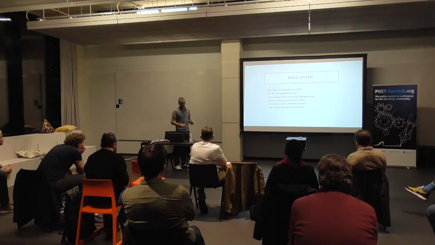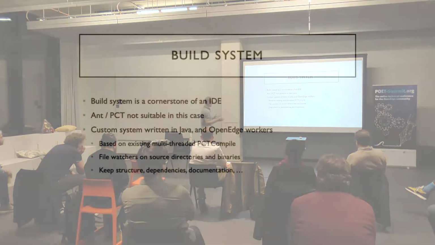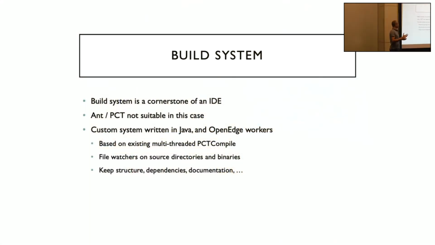So what has been done in this prototype is a custom system written mostly in Java and having OpenEdge workers in the background in order to, whenever a source code is modified, trigger an action on the OpenEdge worker, generating the R code, xref, and then the Java system will take over and say, oh, some R code has been modified, so I will extract the type information from there.